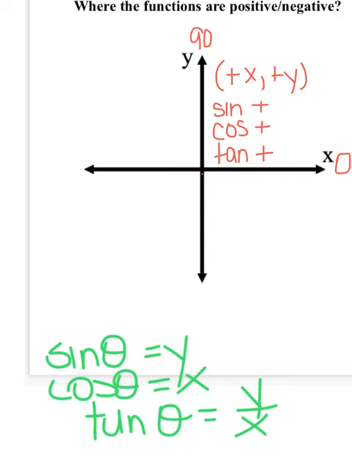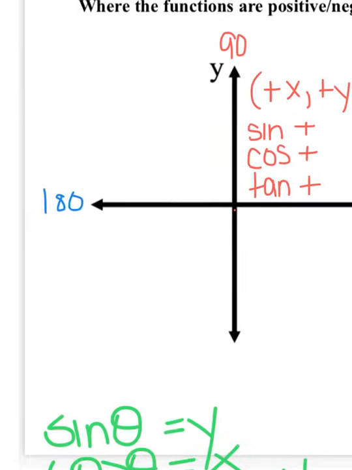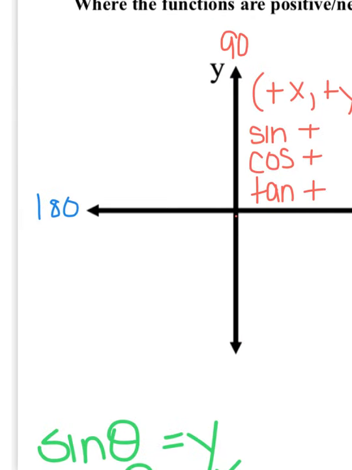Okay? Now let's look in the second quadrant. In the second quadrant, you see degrees anywhere between 90 and 180 for the most part. It could be more, like we talked about the other day, but if you are in between 90 and 180, you're in quadrant 2. In quadrant 2, you move to the left and up from the origin.